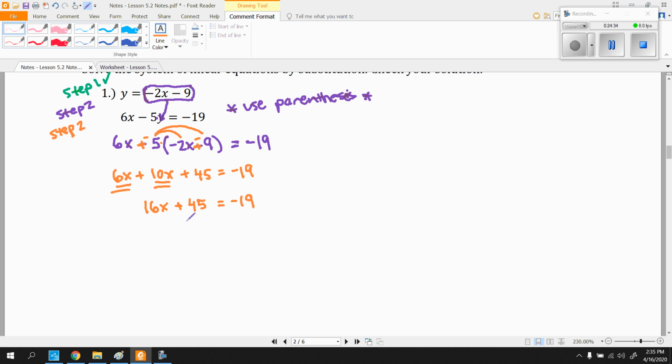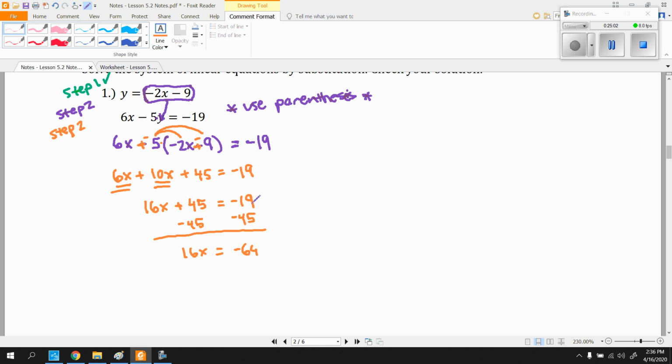Let's get this 45. It's plus 45 right now, so I'm going to subtract. These are just our old school equation solving skills at this point. 16x drops down. We didn't touch it yet. We brought it down from this step, so I'm going to have to get my calculator out. You can't see me here, but I just don't want to make a mistake. Negative 19 minus 45. So we're equal to negative 64.